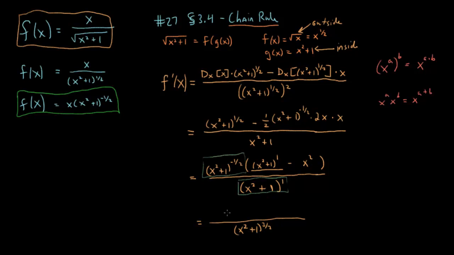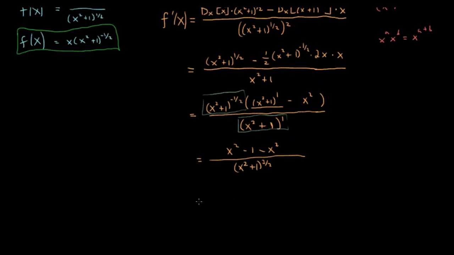But what's in that set of parentheses? It's x squared minus 1 minus x squared. Oh, sorry. What did I do? I almost did all this work and then made that mistake. It's not x squared minus 1, it's x squared plus 1.